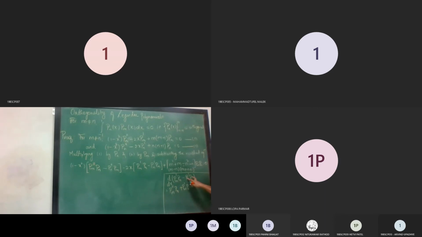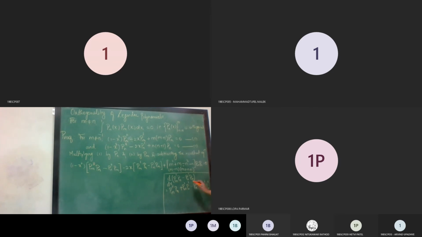Again, both of these are functions of x, so I have to apply the multiplication rule. So for that I will consider first the derivative of Pn dash, and it is nothing but Pn double dash into Pm as it is. Now plus, but since the minus sign is there, again the minus sign, and we'll have Pn dash as it is, and the Pm derivative is Pm dash.